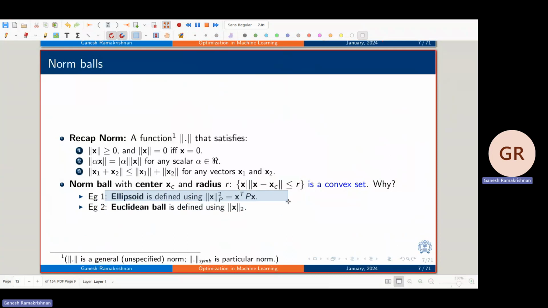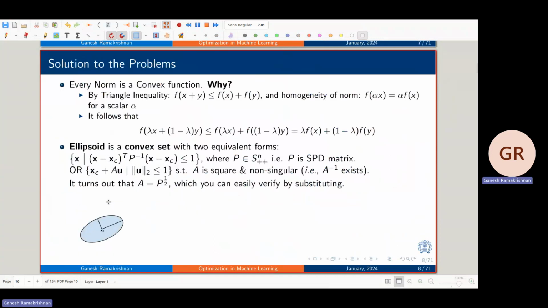Here I use P, on the board I use P inverse. Euclidean ball is a simple 2 norm. Okay, so this is just showing this thing in a little bit more detail. And also I kind of hint at why the relation between A and P inverse comes up.